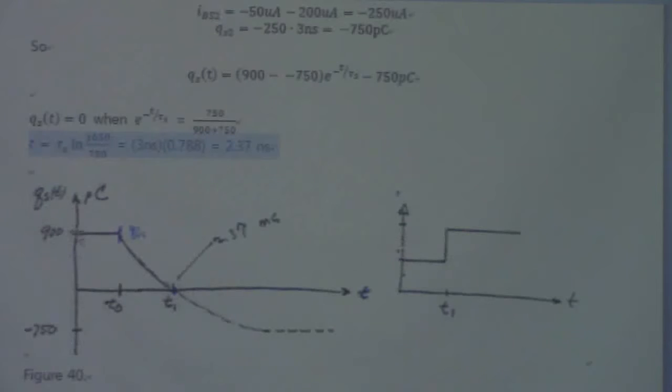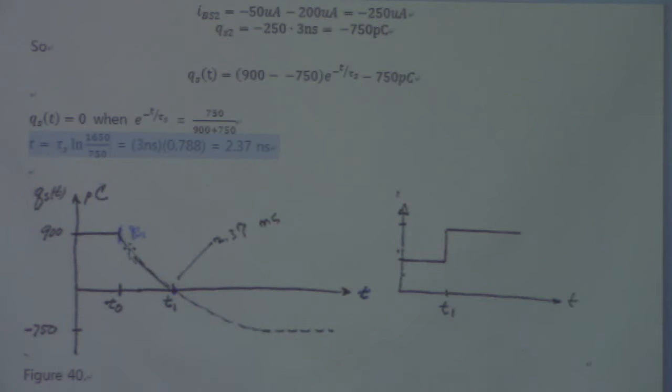So this is the charge with respect to the time, and it has been 900 picocoulombs before we start switching at the T0, and then we switch the device like this.